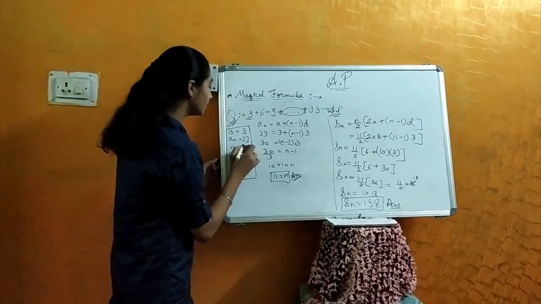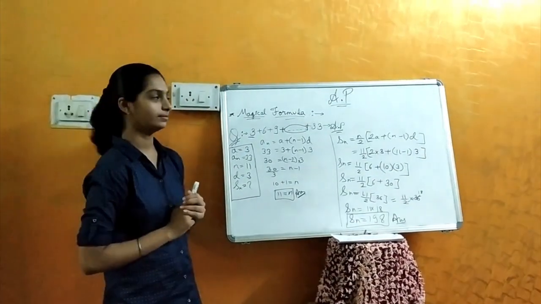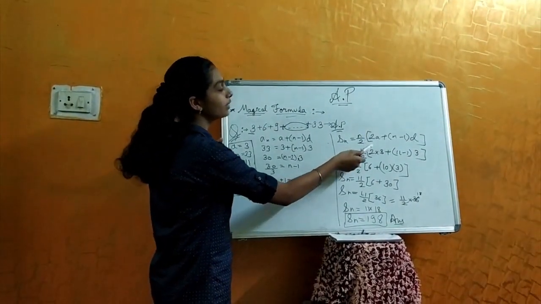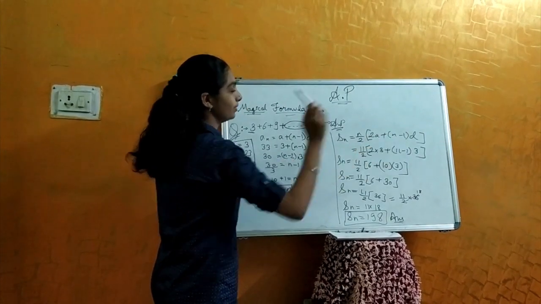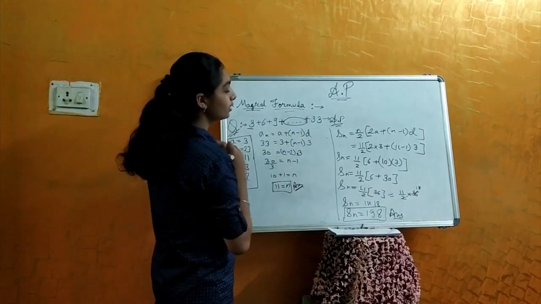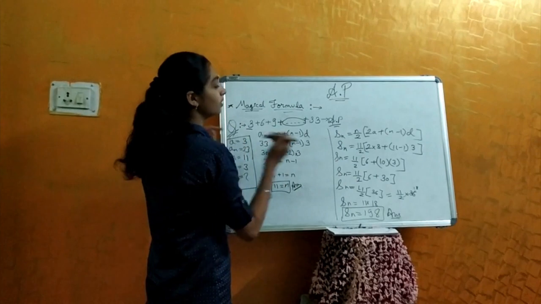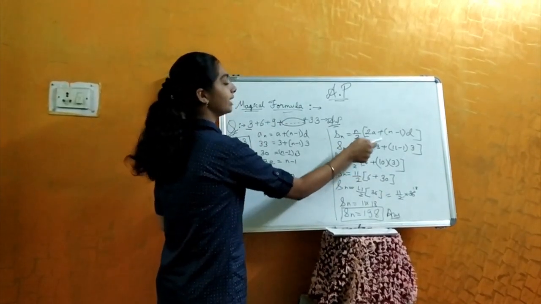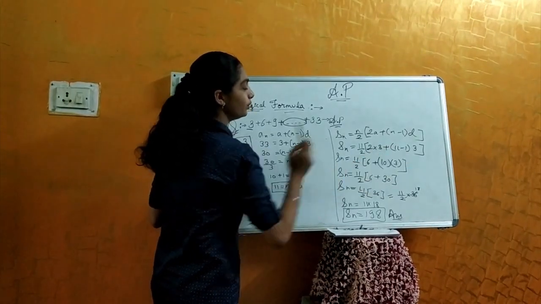What is that? 11. Now the question remains about Sn. How do we find Sn? Sn is equal to n upon 2 into 2a plus n minus 1 into d, right? As we discussed earlier. So what is the formula here? 11 upon 2 into 2 into 3 plus 11 minus 1 into 3.